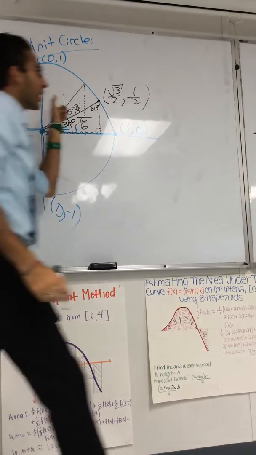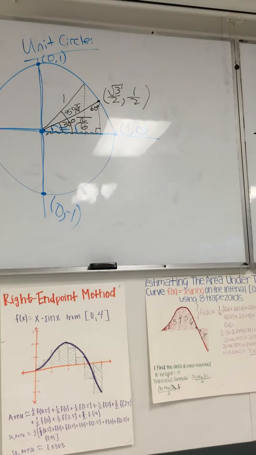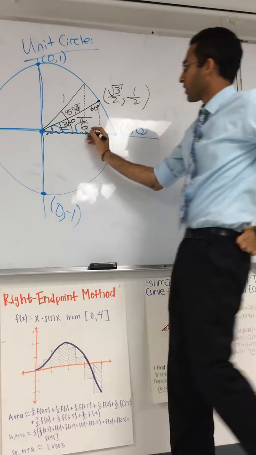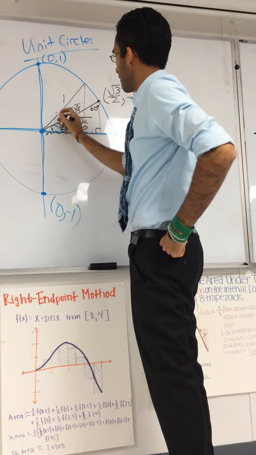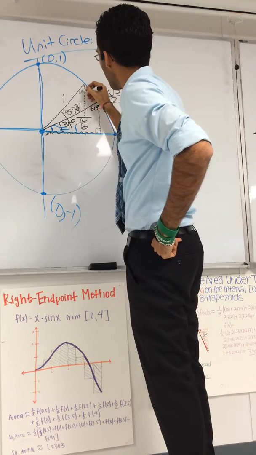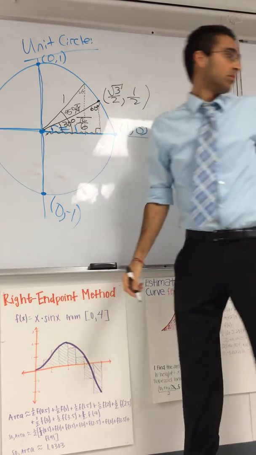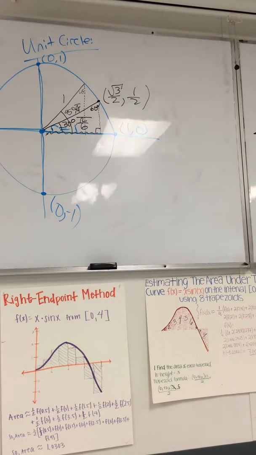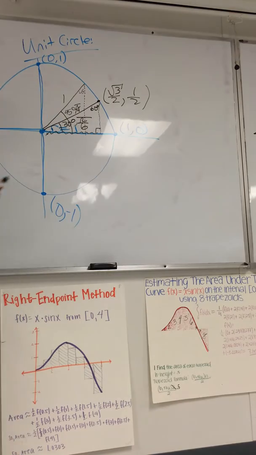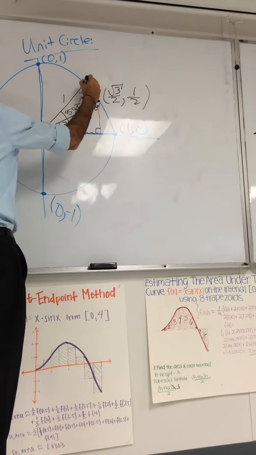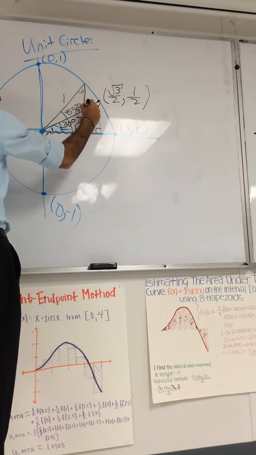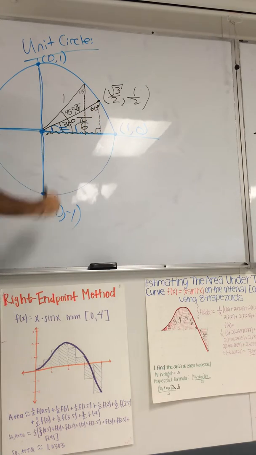So now this triangle is just this one on its side. We drew this down, so here's 90. There's 45. This is also 45. So if this is 45 and this is 45, then this length here must be root 2 over 2.